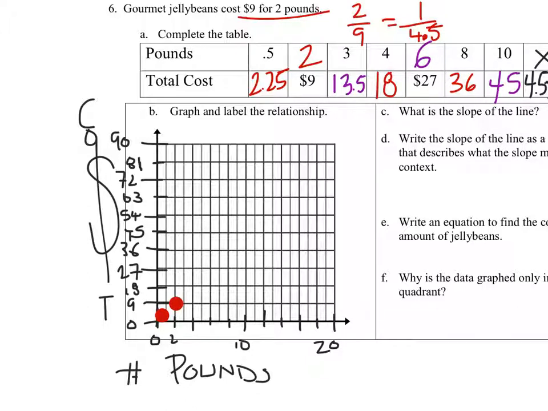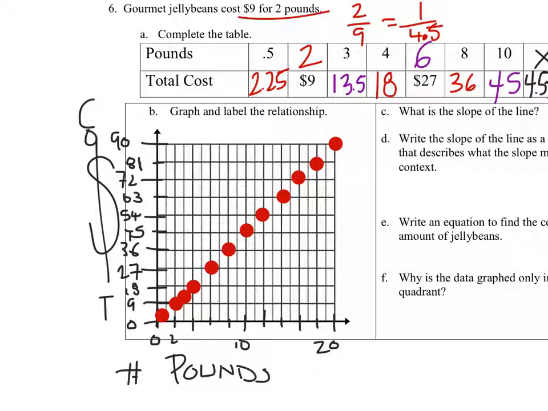For 3 we were up to 13.5 right there. 4 was 18. 6 was 27. 8 was 36 right here. 10 was 45, and then at 20 we were up to 90 right here. And then we have that expression stuff, and we could put all these other points. That was the nice thing about the way that we did it.